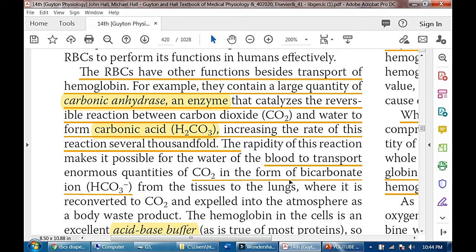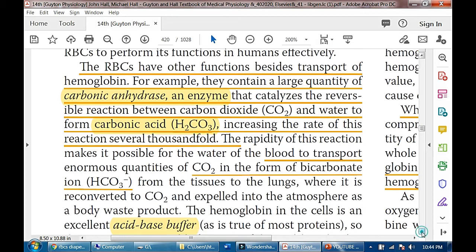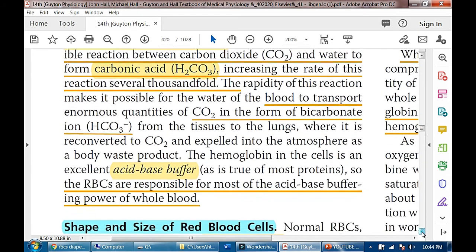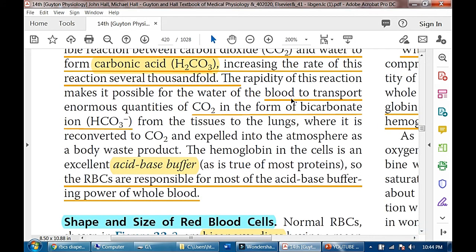Now what happens? It increases the rate of this reaction several thousand fold, meaning it increases the speed of this reaction too much. The rapidity of this reaction makes it possible for the water of the blood to transport a large quantity of carbon dioxide in the form of bicarbonate ions.